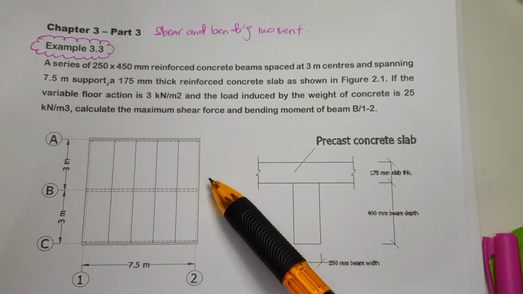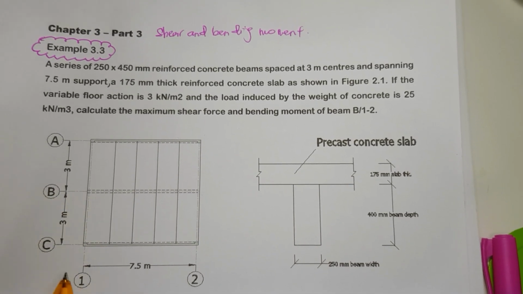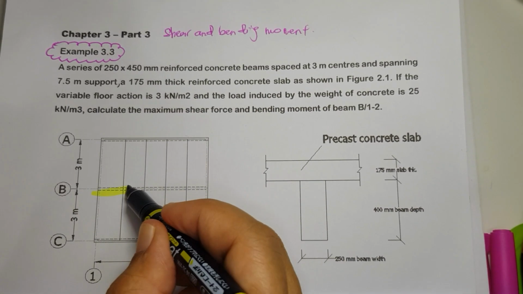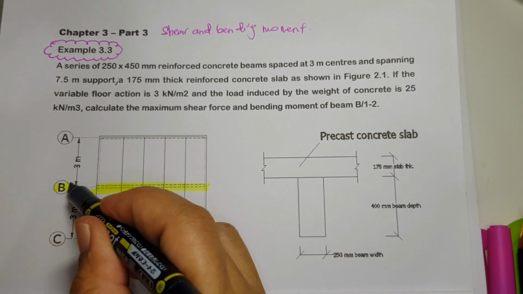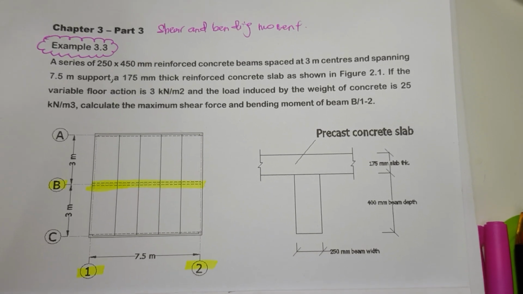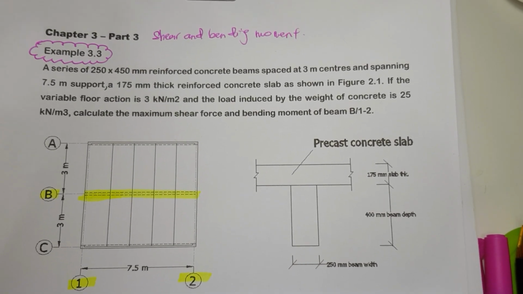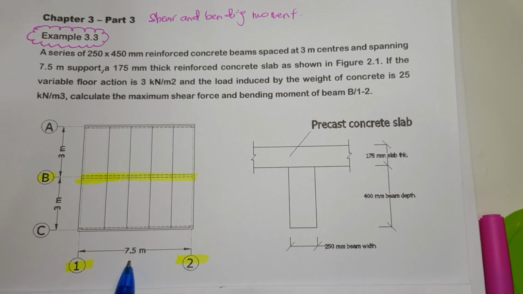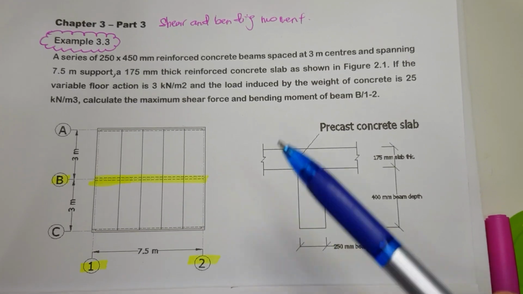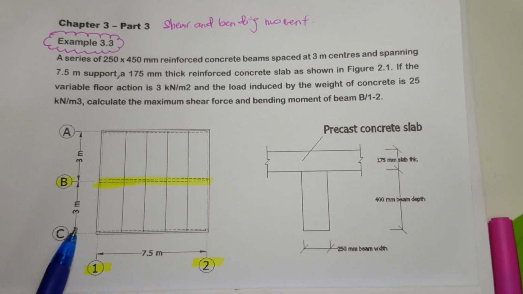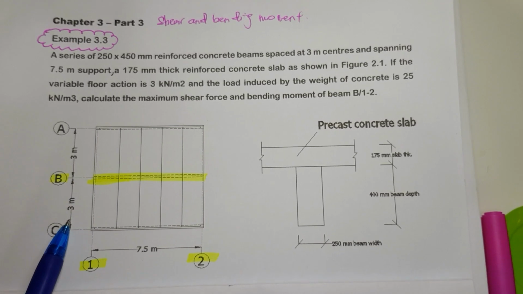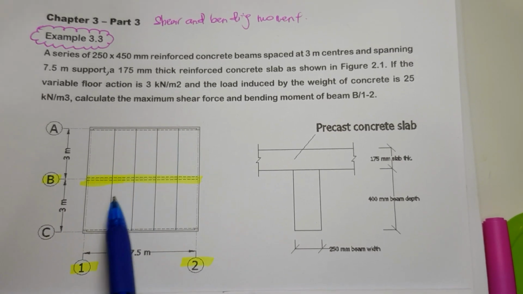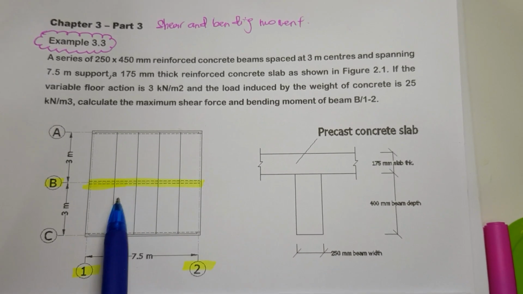So this is beam B12. The span of this beam is 7.5 meter and the space between this beam and the other beam is 3 meter each, and the thickness for this slab is 175.